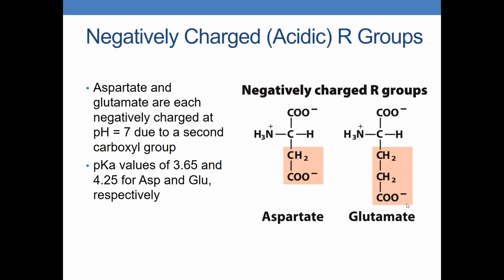In glutamate, that carboxylic acid is a little bit further away from these other two functional groups, and so you see an elevation in pKa for that reason. We will get into this in more detail a little bit later. I just wanted to introduce you to this idea. But these are the acidic residues.